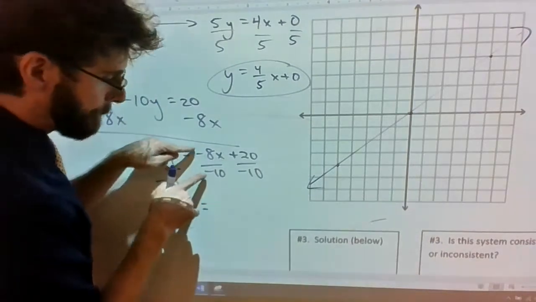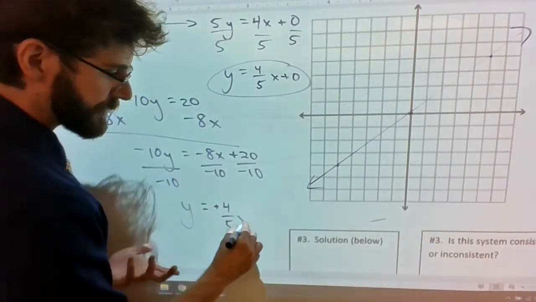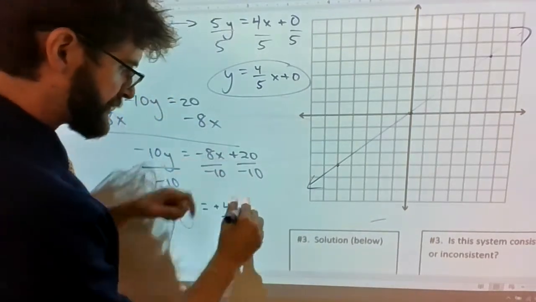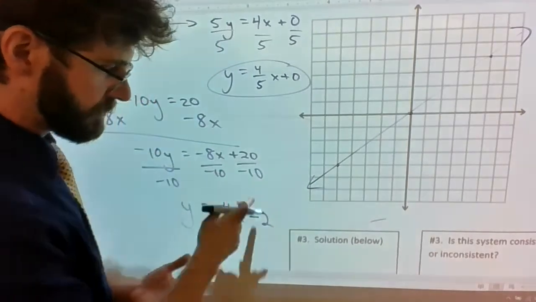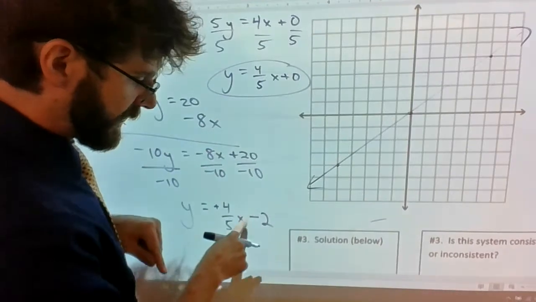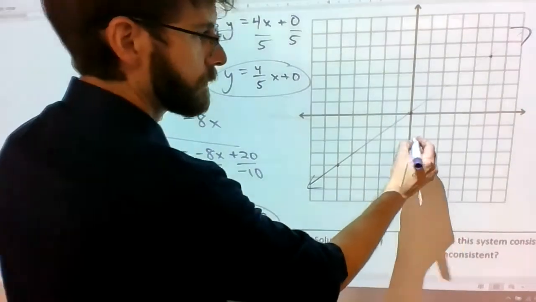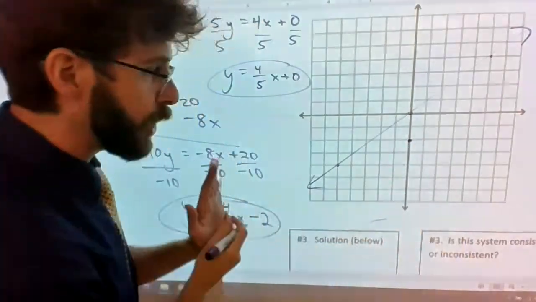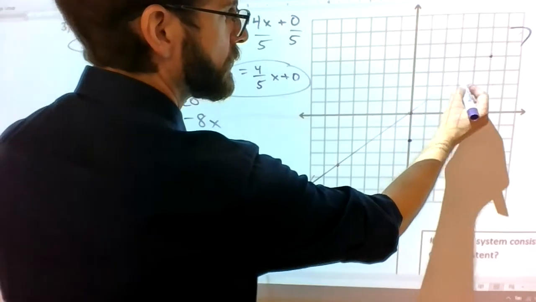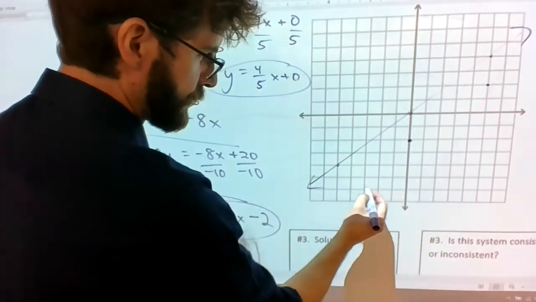This turns out to be a positive, negative over negative, 4/5 x. That's what negative 8 divided by negative 10 reduces to. And this is going to be minus 2 because 10 goes into 20 twice. And a positive divided by a negative creates a negative. This means it starts at negative 2 and then goes up 4, right 5. Down 1, 2, 3, 4, left 1, 2, 3, 4, 5.